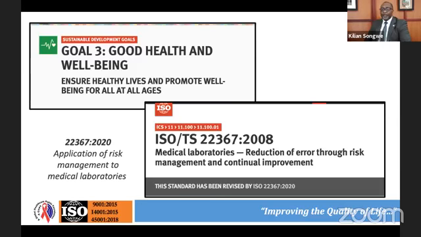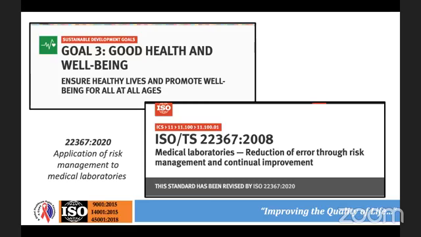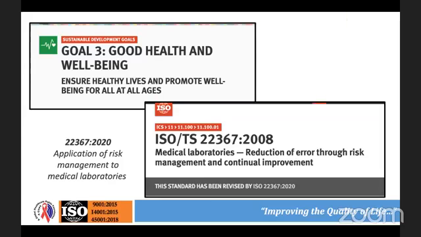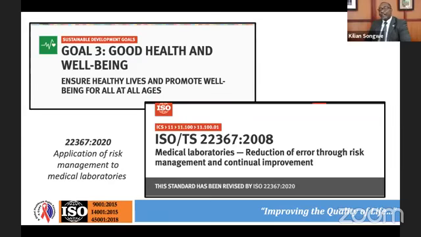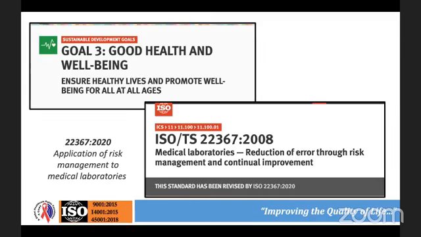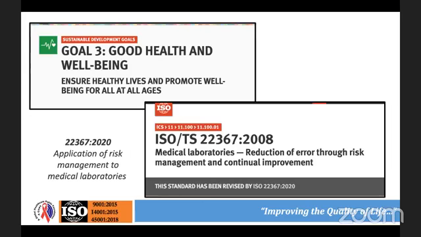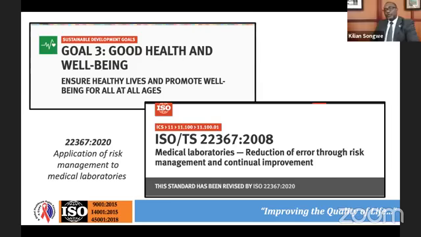If you're going to look at that, of course, you want to ensure that we use the ISO 22367, and again, this was just revised in March of 2020 to a new version. Basically, ISO 22367 looks into the reduction of error through risk management and continual improvement. So that's the element that we want to look at: reduction of error and ensuring that the patients continue to get the best health that they possibly can get.